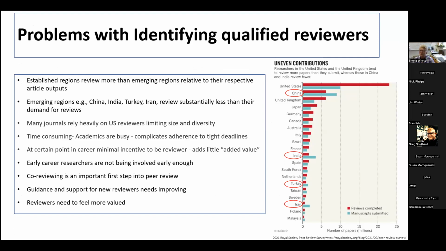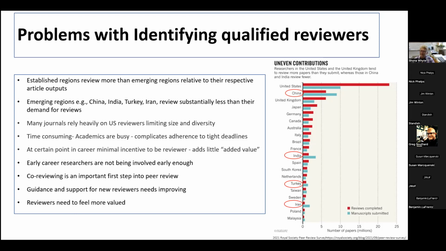Their reviews completed is in the red, and the manuscripts submitted is in the blue. You can see that their submissions are way ahead of their actual reviews. Whereas in the US, it's the opposite. It shows that many journals rely on US reviewers, which is limiting in terms of numbers of reviewers available and the diversity available, and would also contribute to reviewer fatigue.